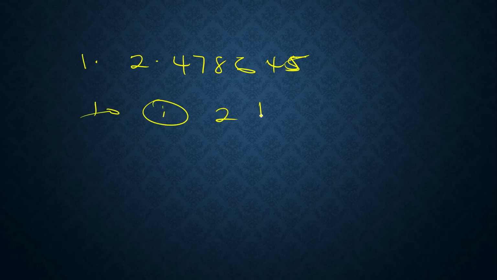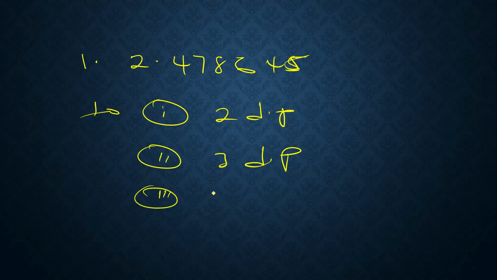Round this number, 2.47865, to two decimal places, three decimal places, and then the last one, one decimal place.